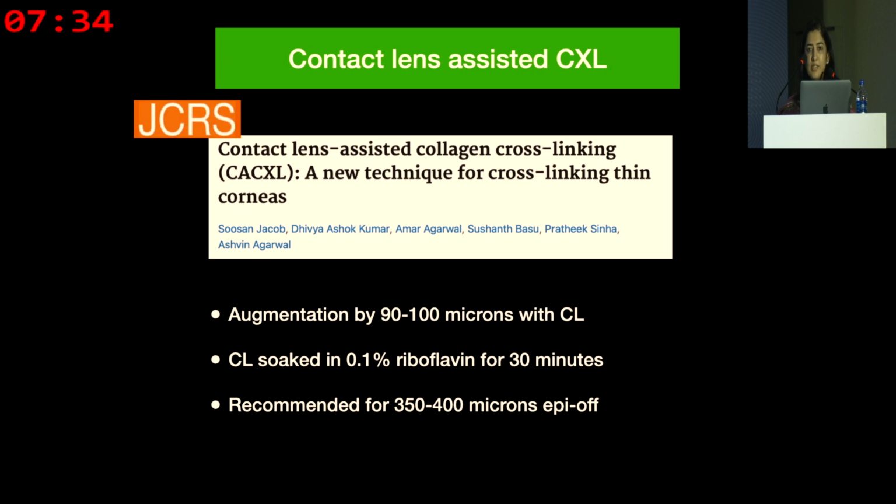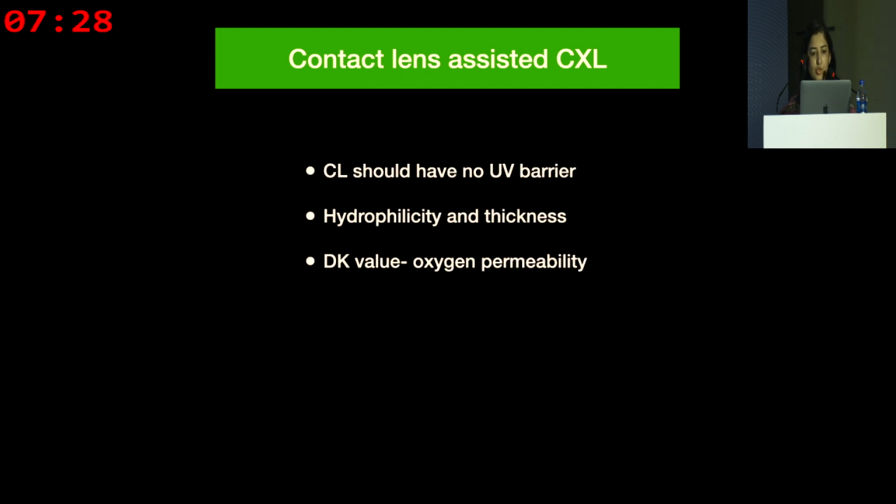As long as the corneal thickness is 350 to 400 microns epi off, this technique can be used to augment the stromal thickness. The requirements are that the contact lens should not have any ultraviolet barrier. It also depends on how hydrophilic and how thick the contact lens is, because if the contact lens is more hydrophilic, it is going to soak more riboflavin. And if it is thicker, then of course the cross-linking is not going to be adequate.